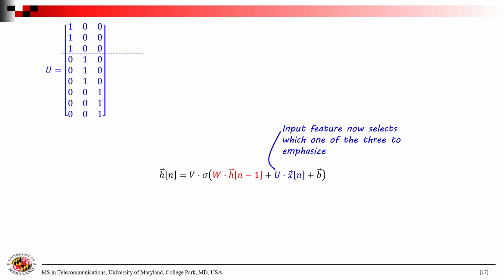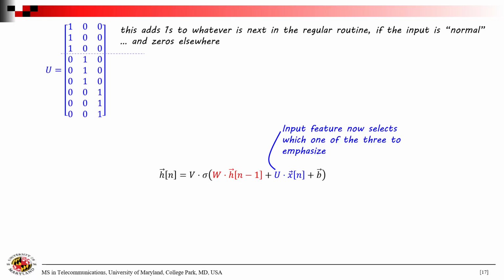So let's look at each one of the segments. The top third of the matrix U is going to be adding 1 to whatever is next in the regular routine. If the input is normal, we're going to add 1 to the next activity and zeros everywhere else.